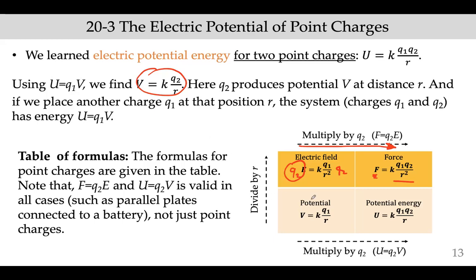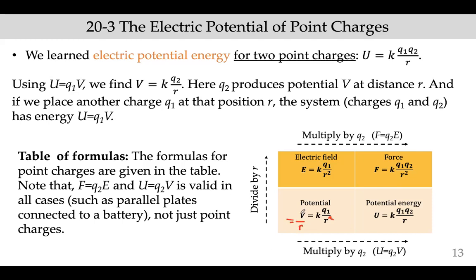In this slide, we also learned potential created by a point charge. So it's K Q1 divided by R. You can go from potential to electric field by dividing by R. If you compare these, the only difference is the denominators. If you remember, we actually divided by delta x, but it doesn't matter, the distance, so here it would be R squared.